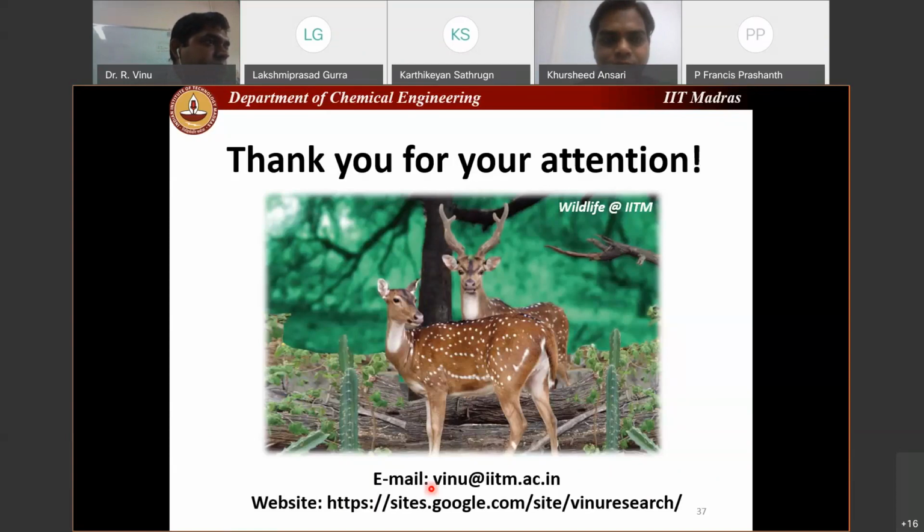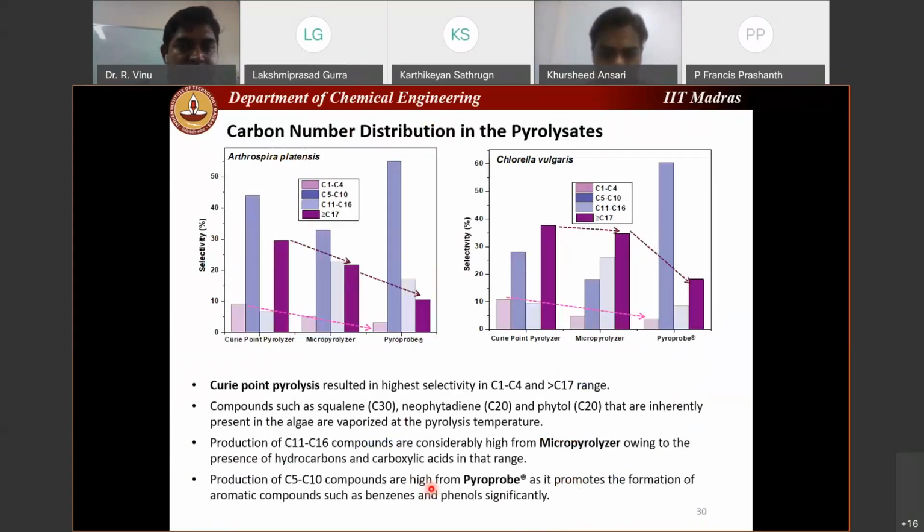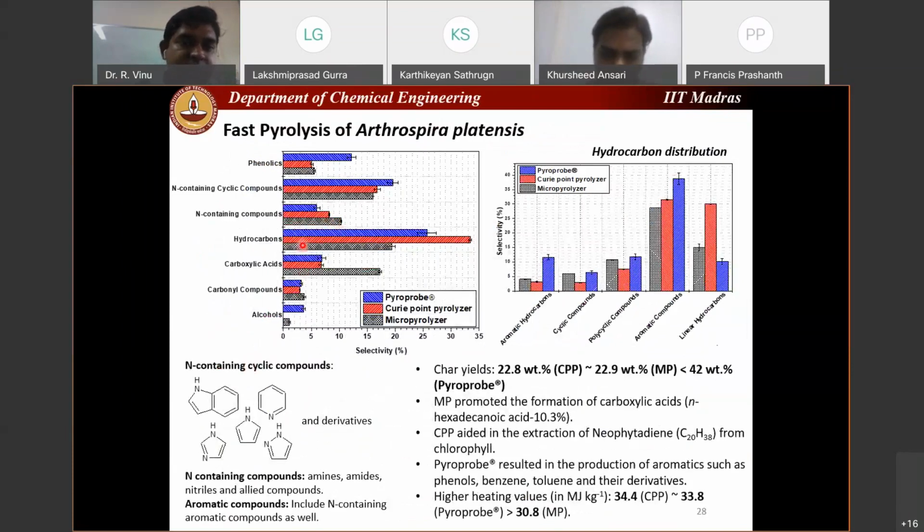So Curie point is supposed to be the fastest heating. What causes secondary reactions? That was Karthik's question. Generally, the major difference that we found between the Frontier micropyrolyzer and the Curie point pyrolyzer is typically in the hydrocarbons and carboxylic acids. We see consistently that the carboxylic acids are easily getting decarboxylated to form hydrocarbons in the Curie point pyrolyzer, whereas that is not significantly happening in a micropyrolyzer.